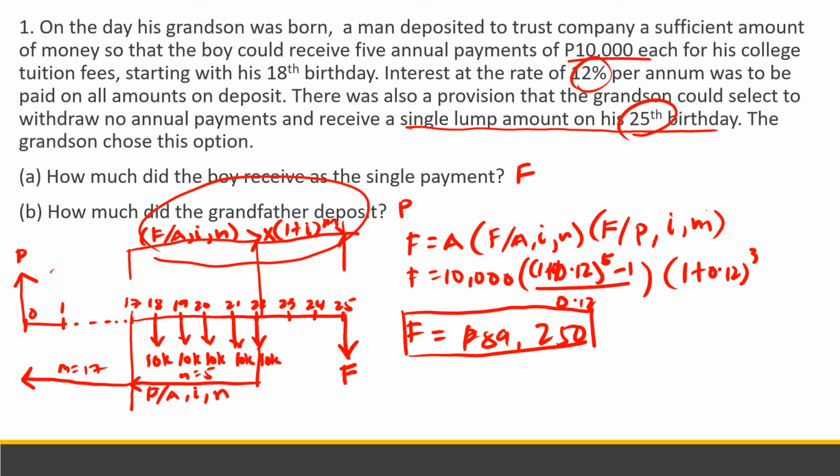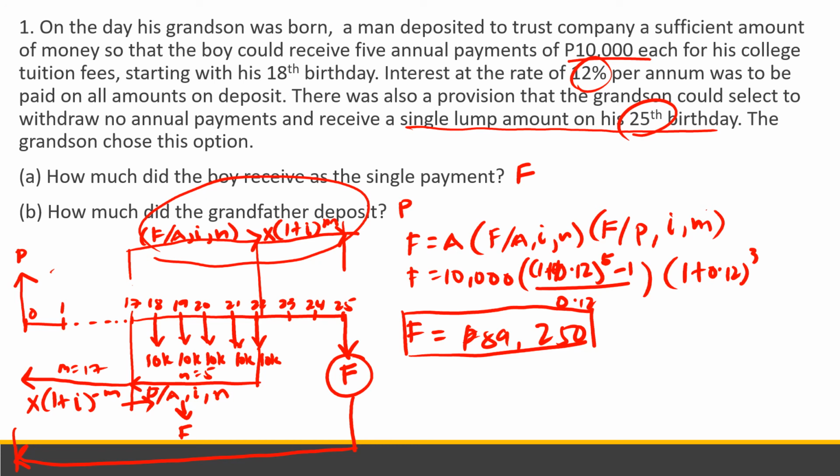So we multiply again by 1 plus I to the power of negative M, to the future amount. Or, we will simply move the F here back 25 years to P.